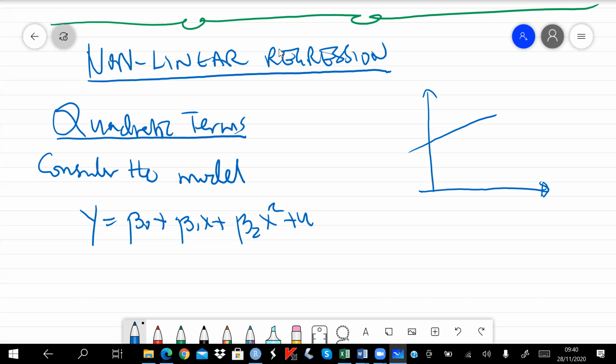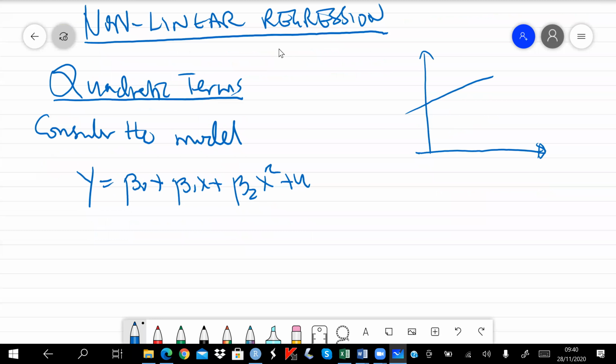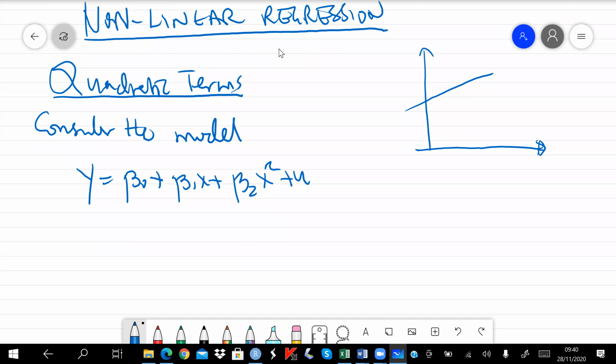That's an example of what we're calling nonlinear regression, which has a quadratic term. This is what we are calling the quadratic term in this model.